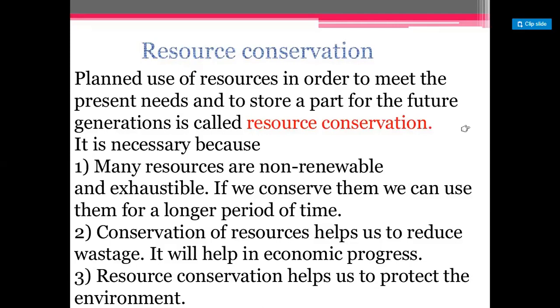So I'm asking about the resources which are renewable, but due to over exploitation, slowly they are converting into non-renewable. Ma'am, soil. The soil is renewable, but it is a slow process. That is also okay, but there is a much bigger resource than this, that is water.